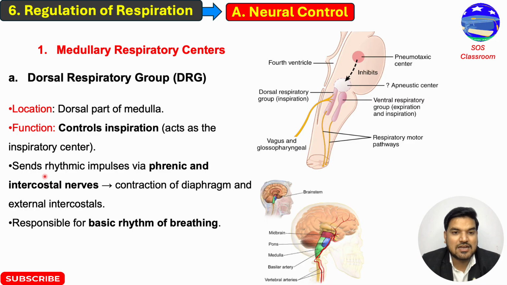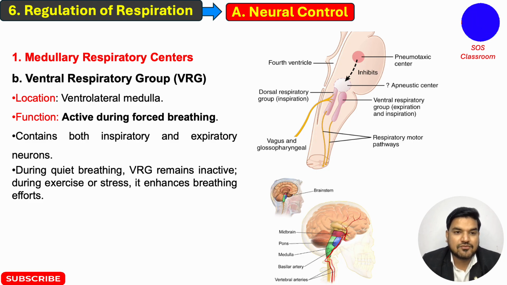It sends signals to both at the same time, leading to contraction of both muscles of respiration. It is responsible for the basic rhythm of breathing. Basic rhythm of breathing means the normal 16 to 24 breaths per minute, controlled by the DRG centers.